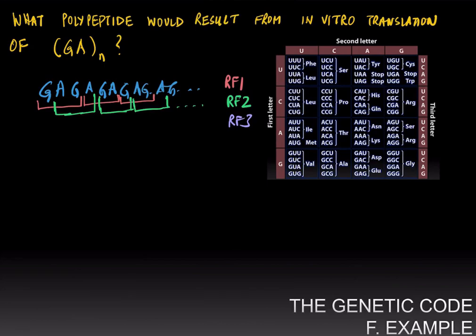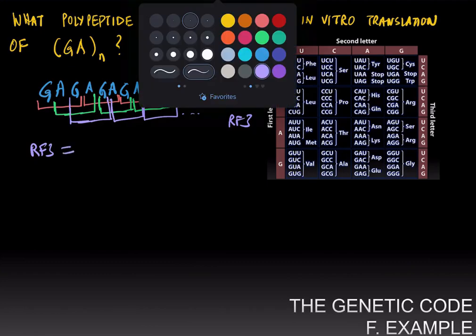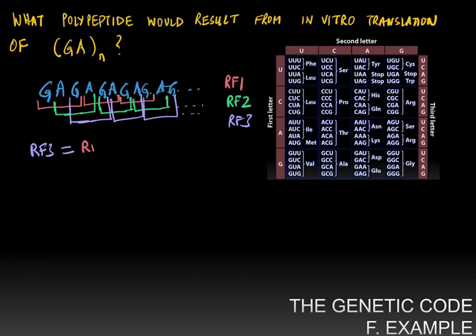And so in the third reading frame, we will again get GAG, AGA, GAG, and so on. And we see here that reading frame 3 has the same sequence of amino acids as reading frame 1.